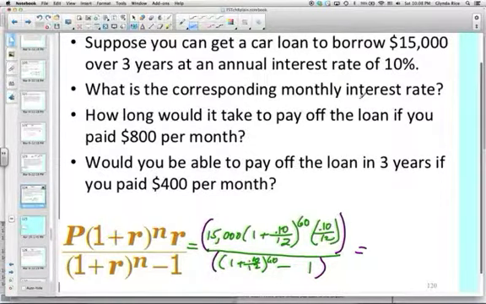What is the corresponding monthly interest? That would be the 0.10 divided by 12. How long would it take to pay off the loan if you paid $800 per month? So here you're going to make your monthly payment $800. You're going to set your amount borrowed as your $15,000.